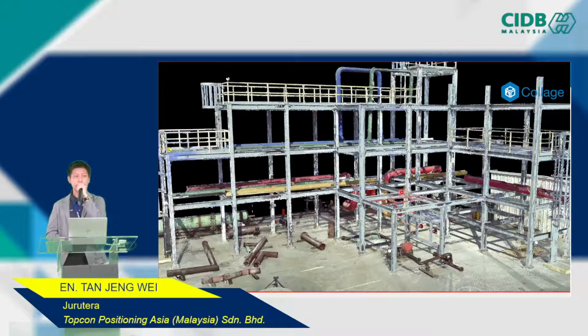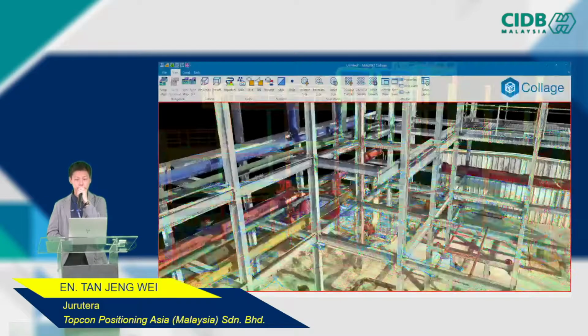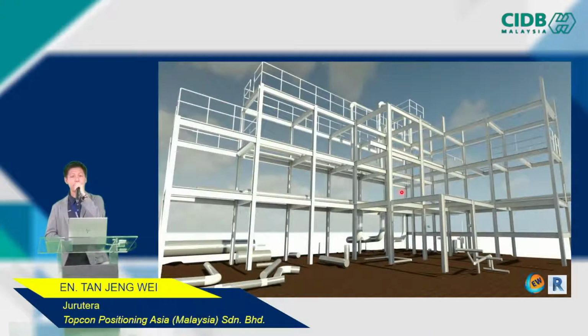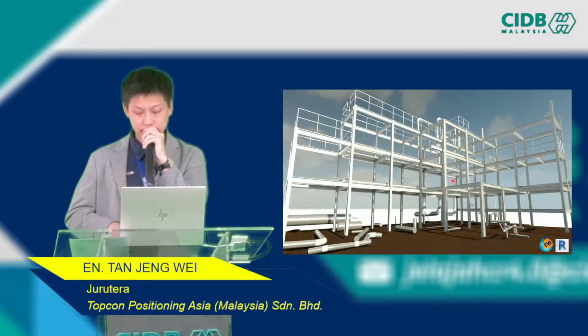And if you turn on the heat capacity, it will look something like this. Right, so when we import it into H-wise, H-wise will help us to automatically generate the 3D model. And this is the 3D model created by using H-wise.